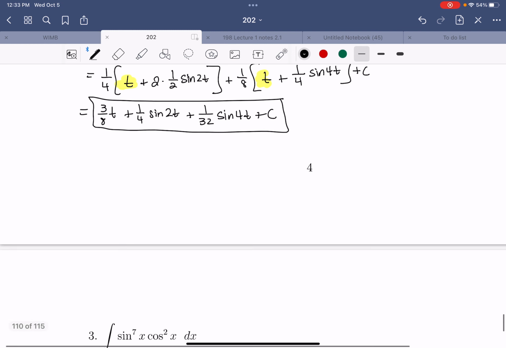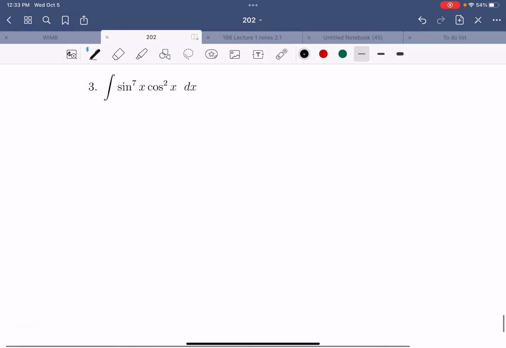And then lastly, for number 3, this one has an odd term there. So we're going to make that sine to the 6th of x times cosine squared x times the sine of x dx, right? So I pull one of the sines over with the dx. I'm going to convert the sine to the 6th to cosines.